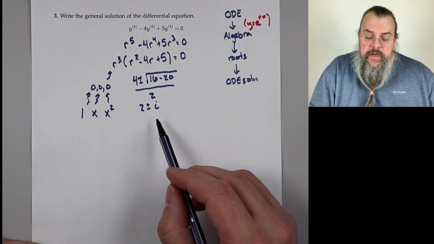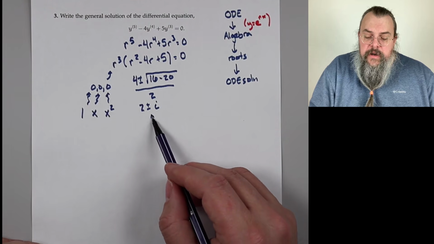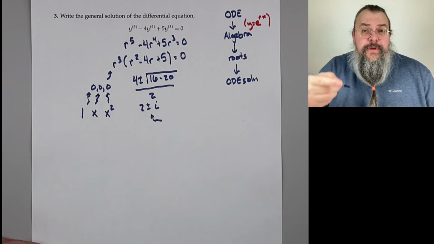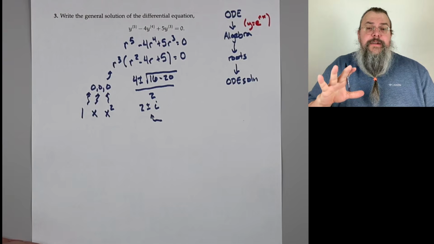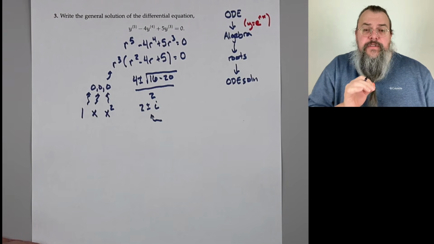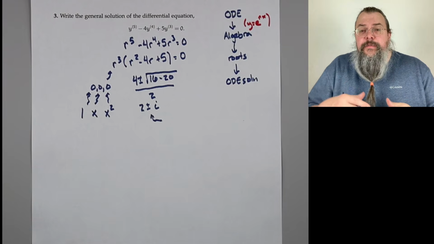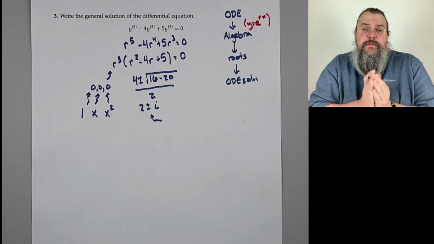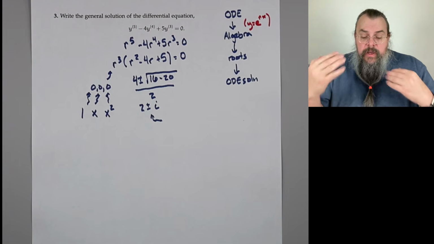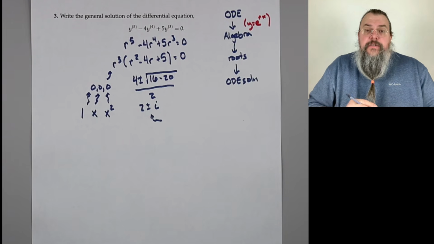The 2 plus minus i. Now remember, we kind of noted at the beginning, complex numbers may show up in our solving, but not at the end. So we need to translate this into things which don't involve complex numbers. And the punchline is, when we see complex numbers showing up, it leads to sines and cosines. And so we say, okay, great.